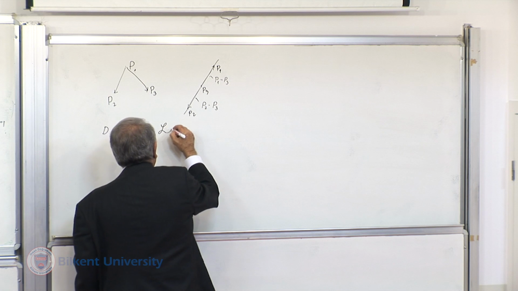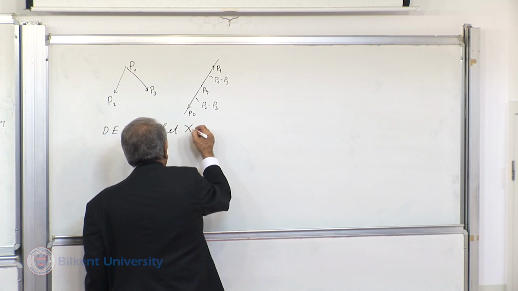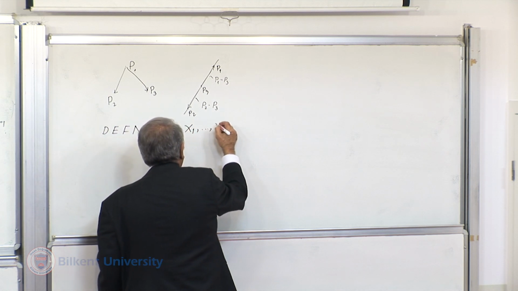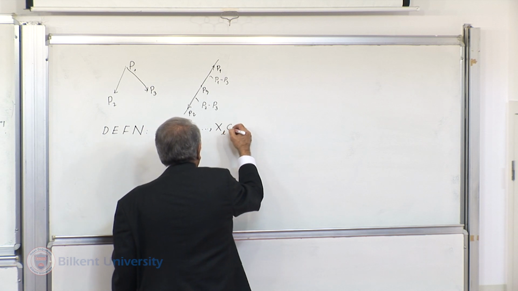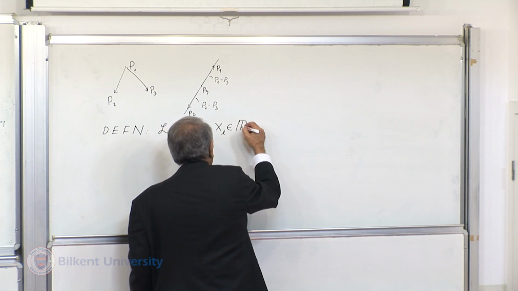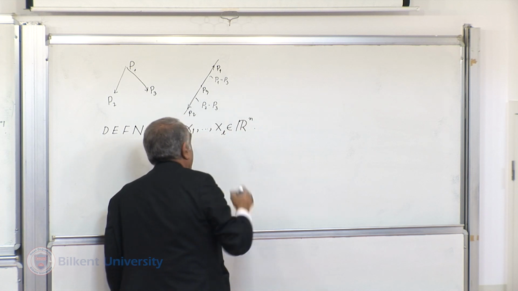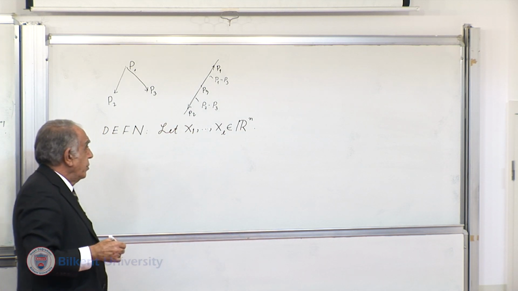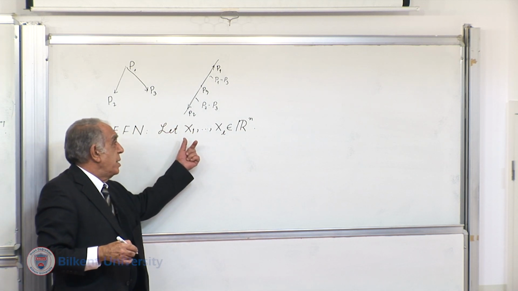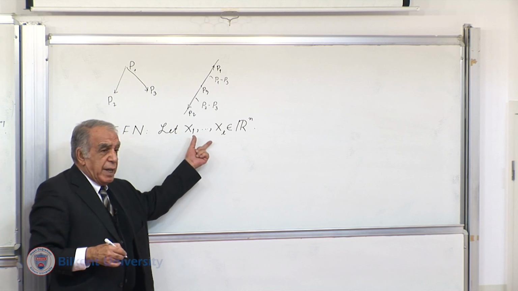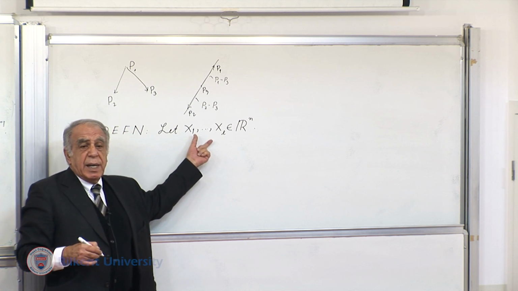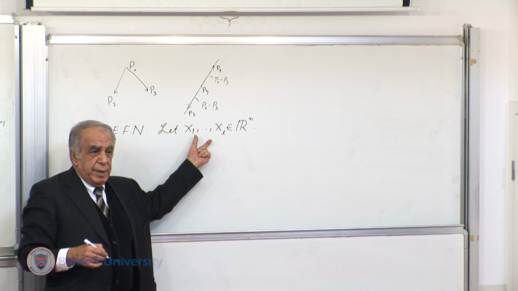Now let x1, up to xl, be in Rn. What's the analytical definition of these to be linearly independent?